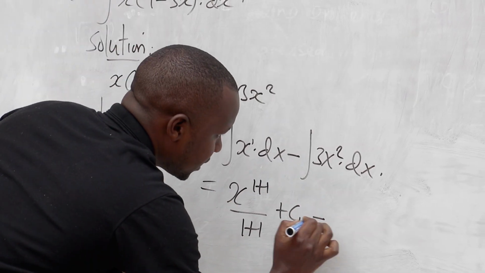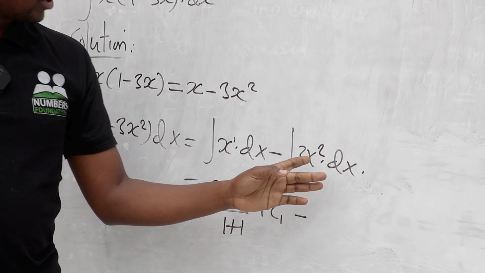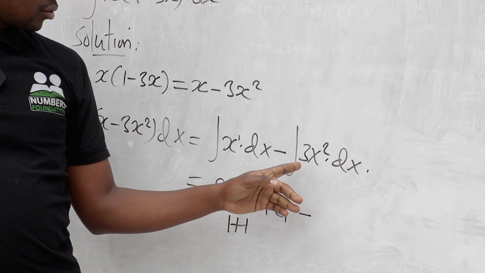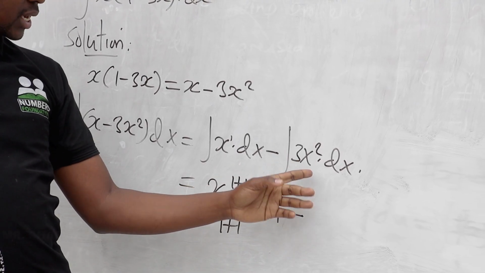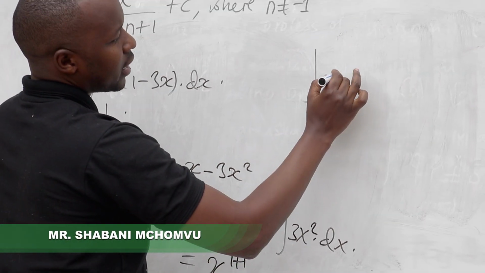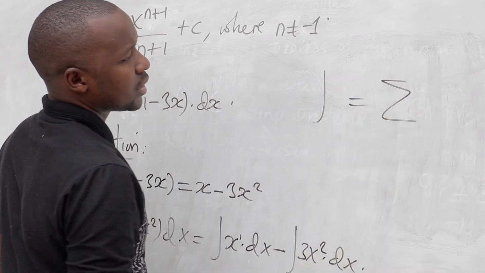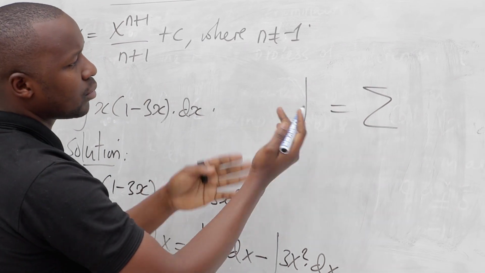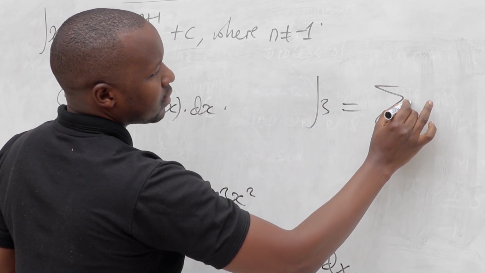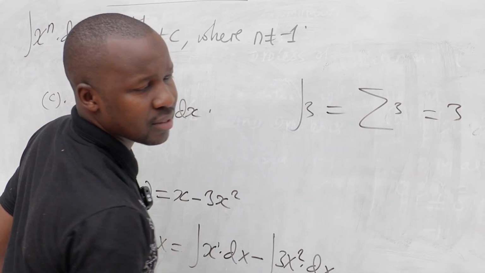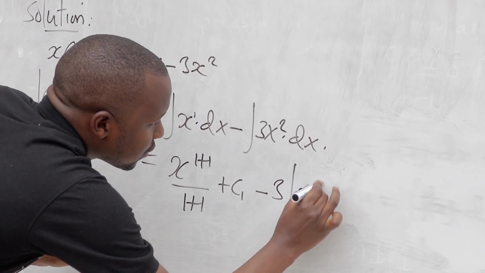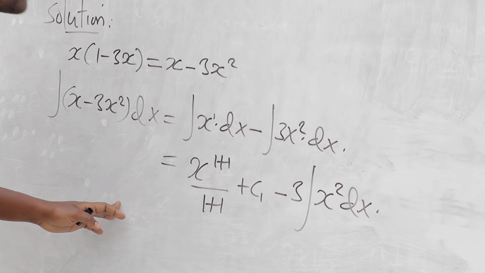Then we proceed with the minus when integrating, because integrating involves a sum. This constant 3, we just take it out of the integration, because formally the integral sign is the same as sigma notation, so it concerns a sum. So it's the same as saying 3 times the integral of x squared with respect to x.